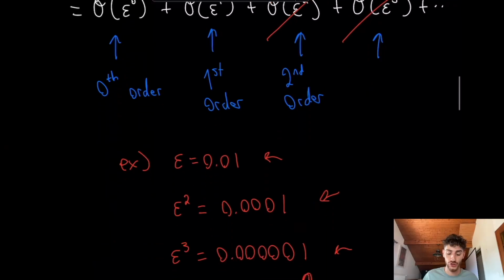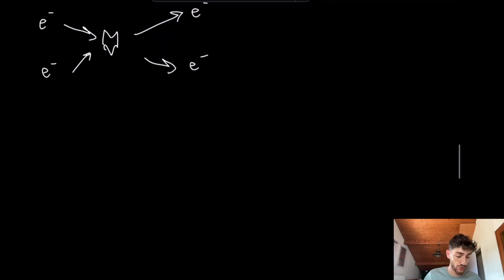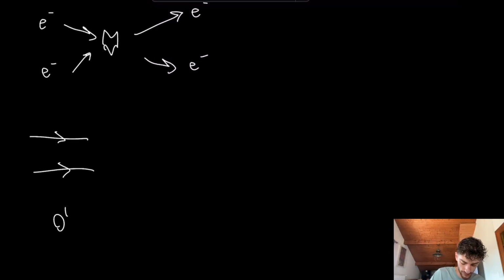The 0th order term in this case would just be like if this electron comes in and leaves, and then this electron comes in and leaves, and they don't touch each other, they don't talk to each other or anything. That would be the 0th order term. And then you can go to first order, where these electrons now talk to each other.